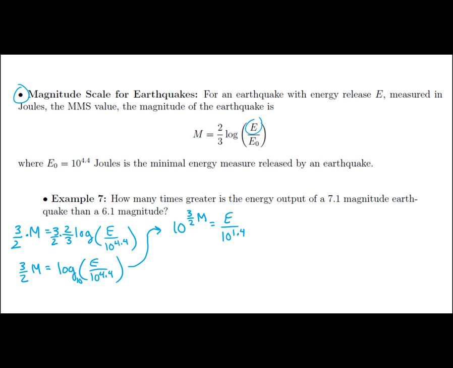And then, of course, we can get E all by itself just by multiplying on both sides by 10 to the 4.4. So we end up with 10 to the 4.4 times 10 to the 3/2 M is E. And because we have like bases, we can do even better than that.